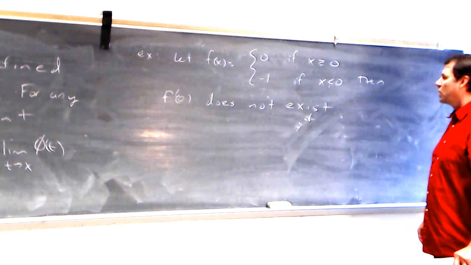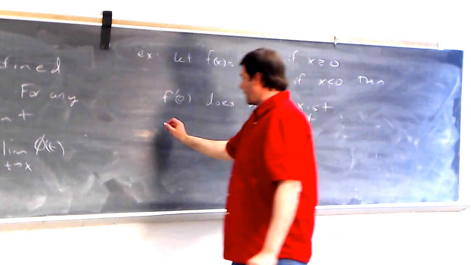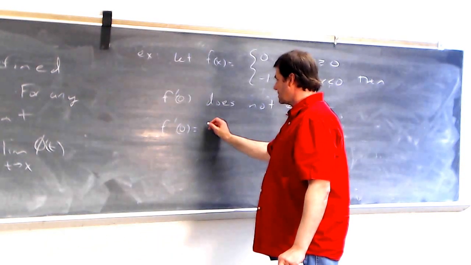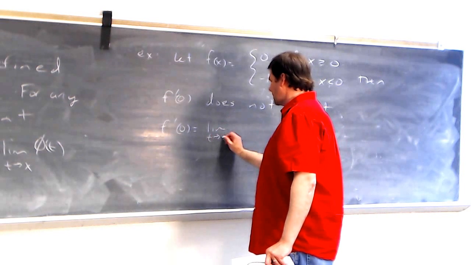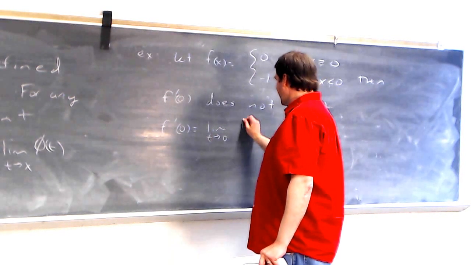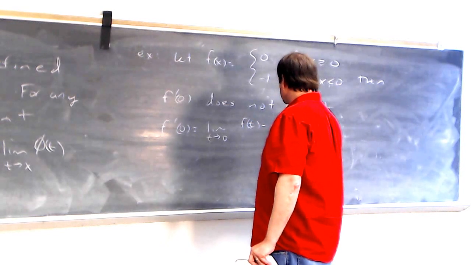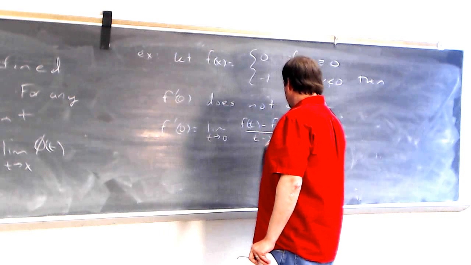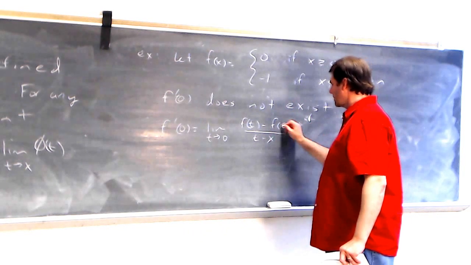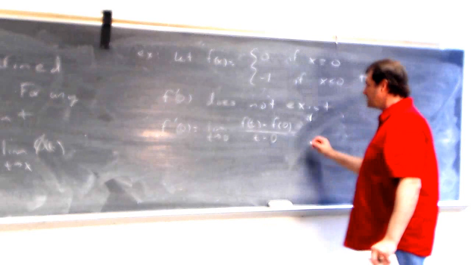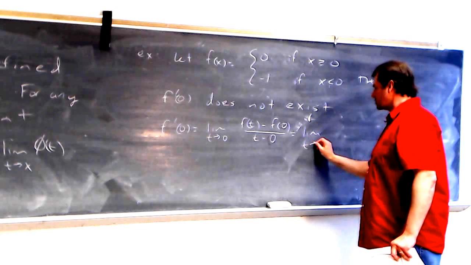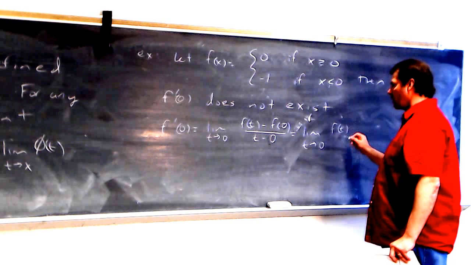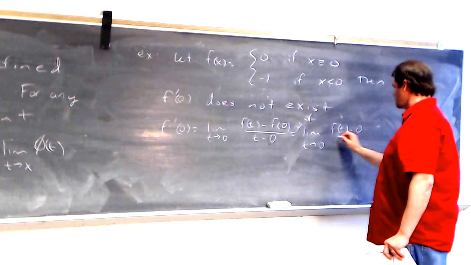Okay. Well, what we want to do is say, what would f prime be defined to be, even if it doesn't exist? It doesn't exist because the limit doesn't exist, but what is it defined to be? It's the limit as t goes to 0 of f of t minus f of x all over t minus x. Except our x is 0. So let me put that in. That's going to be equal to the limit as t goes to 0 of f of t minus f of 0, well that's 0, all over t.